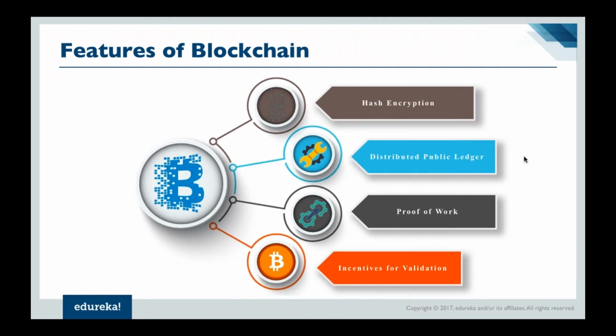For example, if I am a miner and I am validating a transaction and creating a new block, if my block is successful and if it is accepted by other miners in the network, I will get some amount of new Bitcoins into my wallet. So that's an incentive for contributing to the consensus process, the validation process.